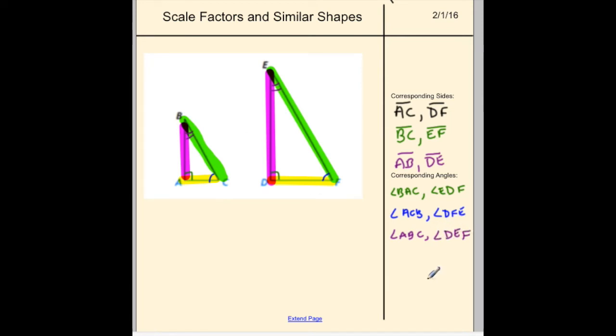So that's all we mean by corresponding angles. And it's nice and easy as long as the shapes are in the same orientation. We'll look at some in a minute where I twist them around a little bit and life becomes a little more complicated, because that's where math becomes fun.